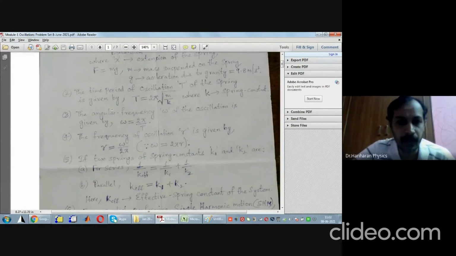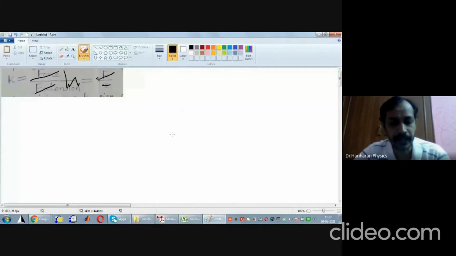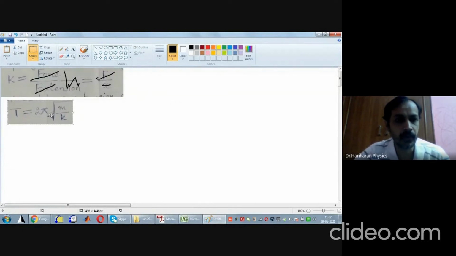The time period of the oscillation is T is equal to 2 pi into square root of m by k. This is the second formula, which helps us to find the time period of oscillation.